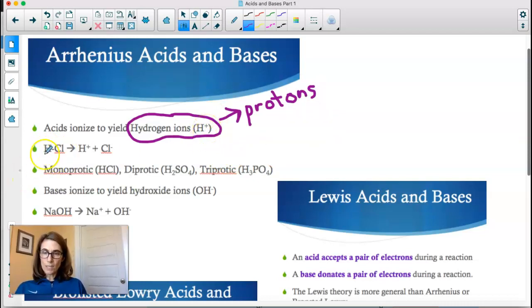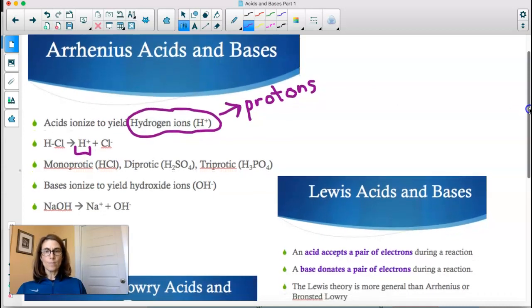So for instance, HCl, hydrochloric acid, when it ionizes, and ionize simply means it breaks apart into the ions that make it up, it breaks down into an H+, and there's that proton, and a Cl-, a chloride ion.